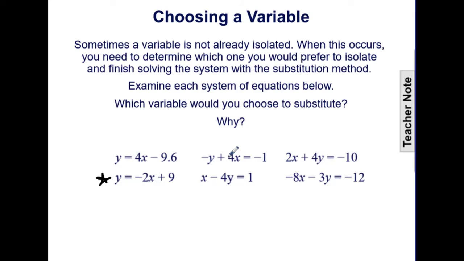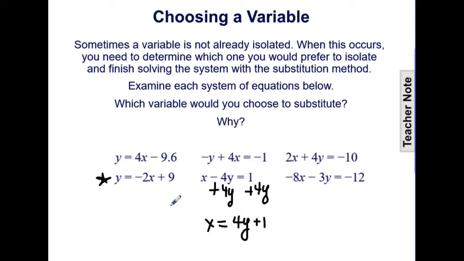In the second system, we now have both equations where a variable is isolated. But in the second equation, I'm noticing that the x variable is almost by itself. All we would have to do is add 4y to both sides, and that would isolate the variable x to equal 4y plus 1.